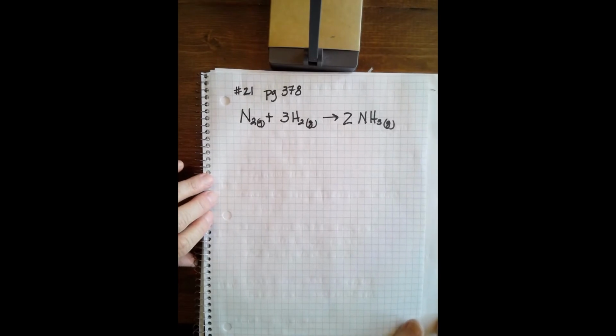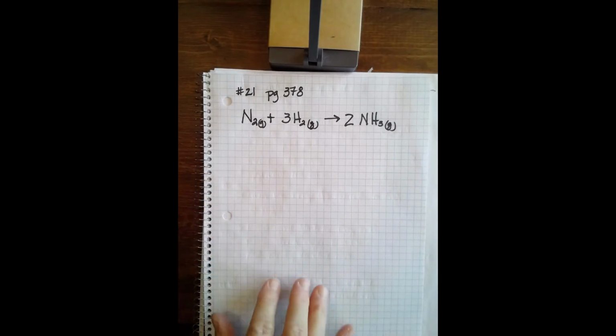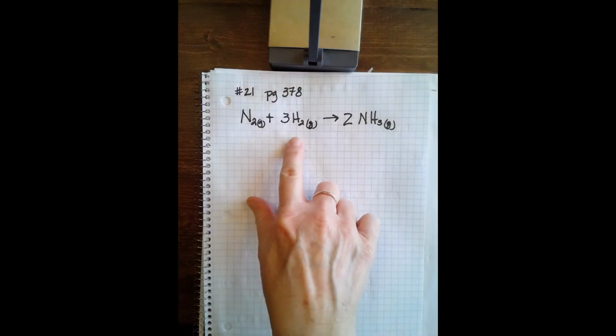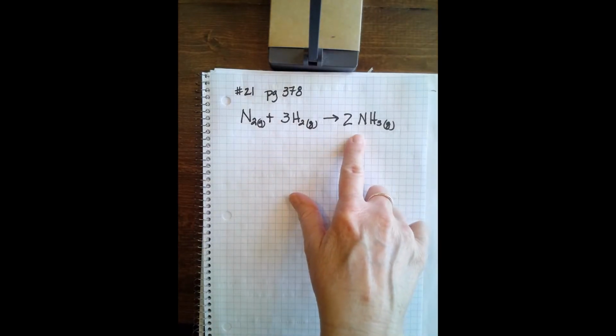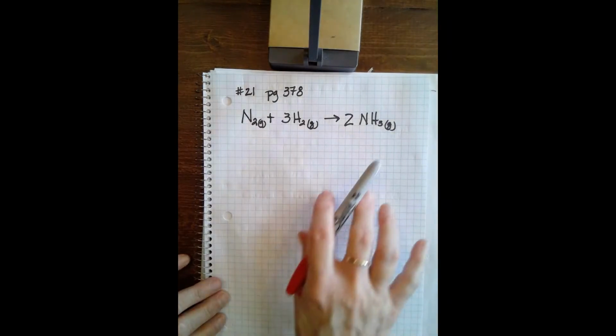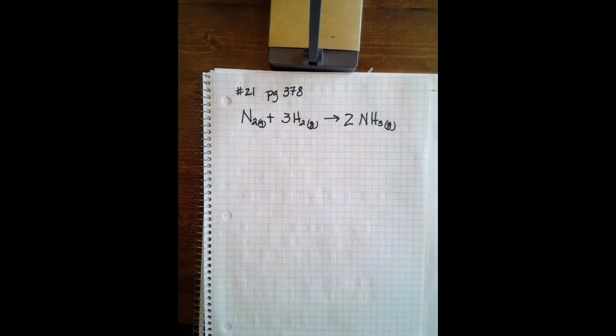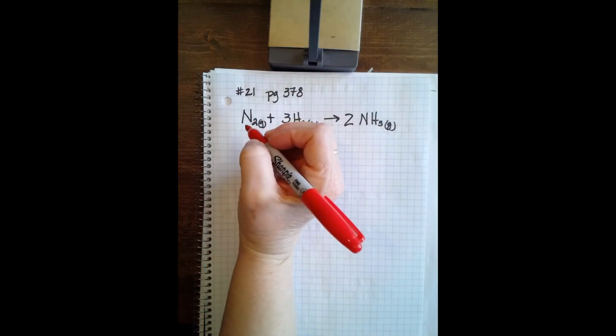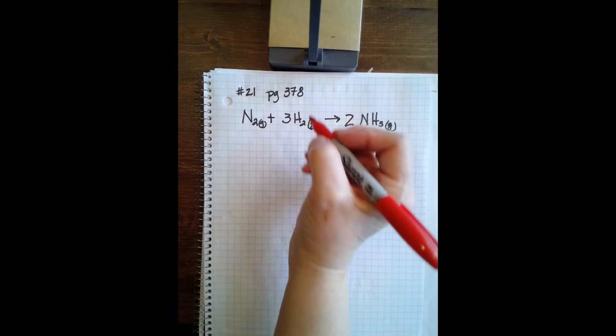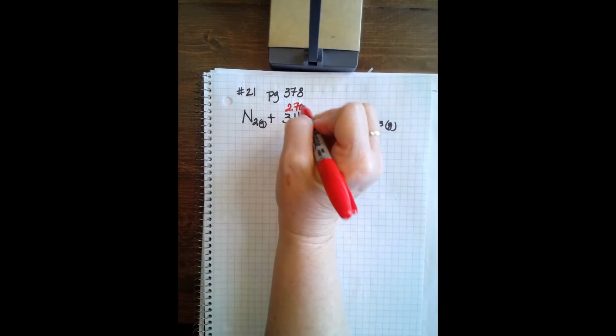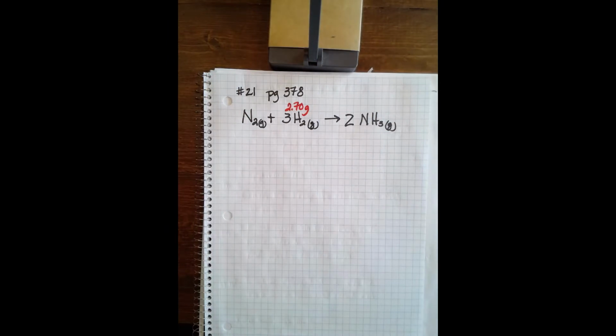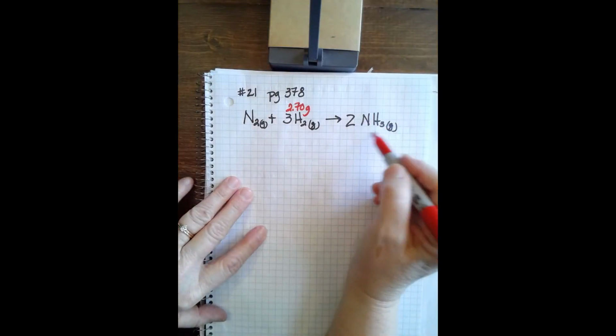And let's get started. We're going to look at question number 21 on page 378. This is the Haber process, so this is nitrogen reacting with hydrogen, making ammonia as the product. The question says if 2.70 grams of hydrogen react, how many grams of ammonia will form?